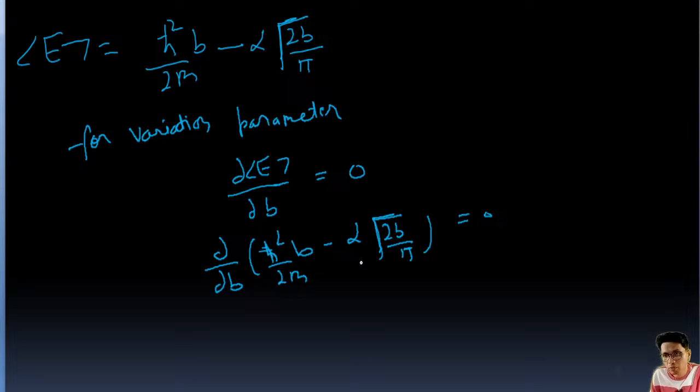Now we'll differentiate it. So it is going to be h cut square upon 2m minus alpha root 2 upon pi times 1 upon 2 b to the power minus half, and this is equal to 0.